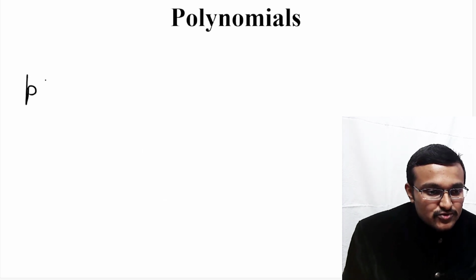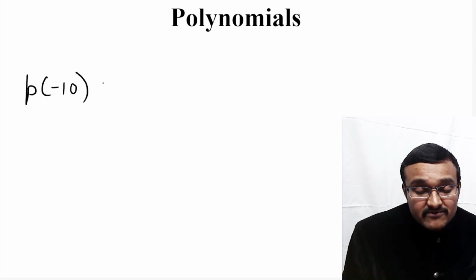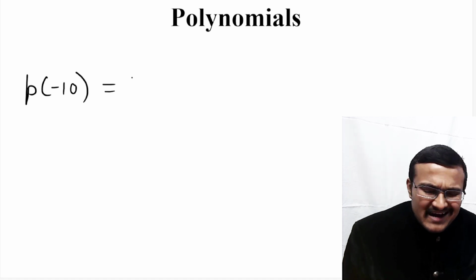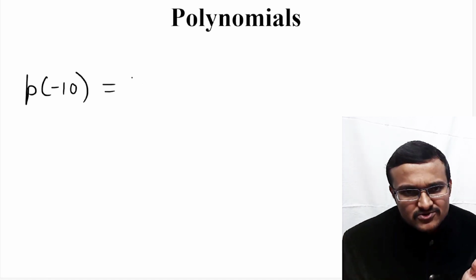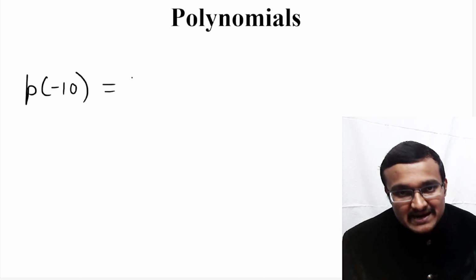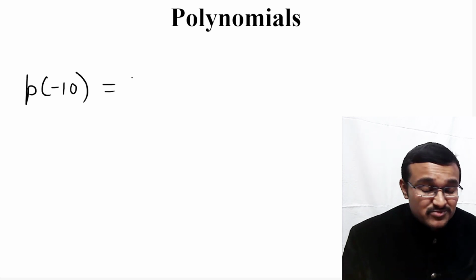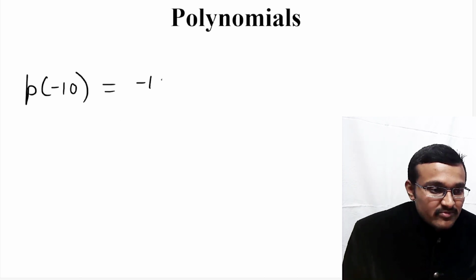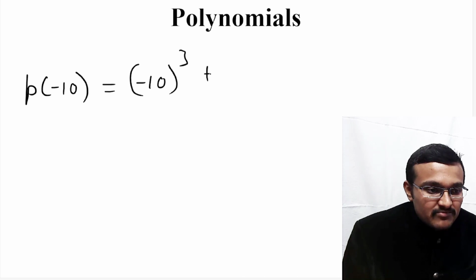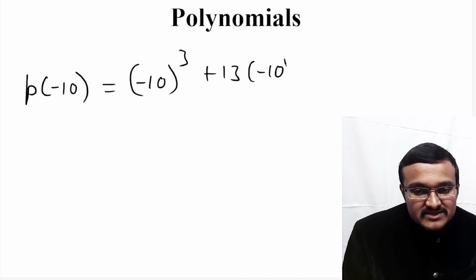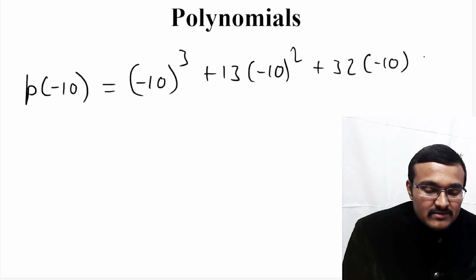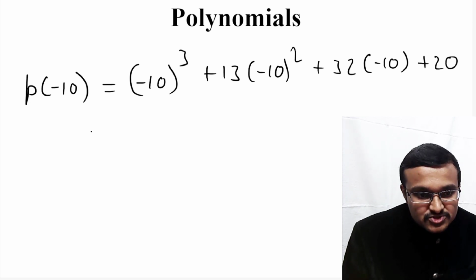Now we will try the last one, that is p of minus 10. This is very tedious work to do, so you have to do a lot of practice so that you can solve these questions.